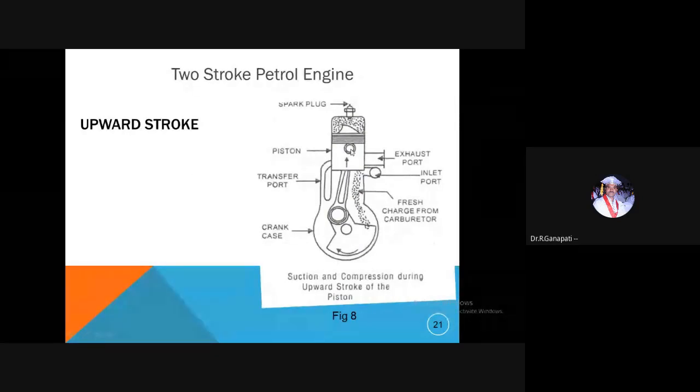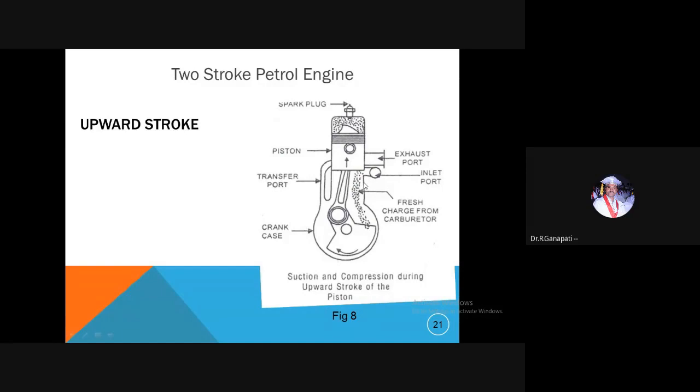And this was a similar operation for the two-stroke petrol engine. While the piston moves upward from the BDC to the TDC, the inlet port will be open, and the air fuel mixture will enter the engine crankcase from the carburetor.